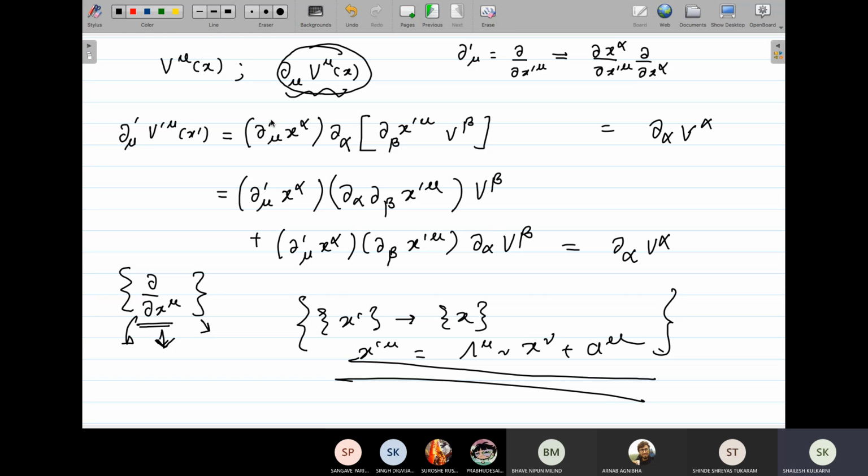Fine. So now we consider two coordinate systems in Minkowski space. Consider x mu and x prime mu.